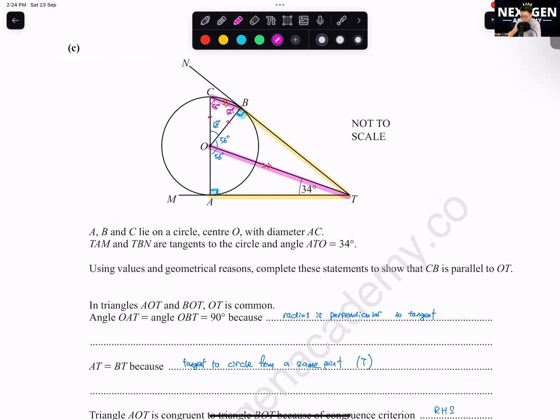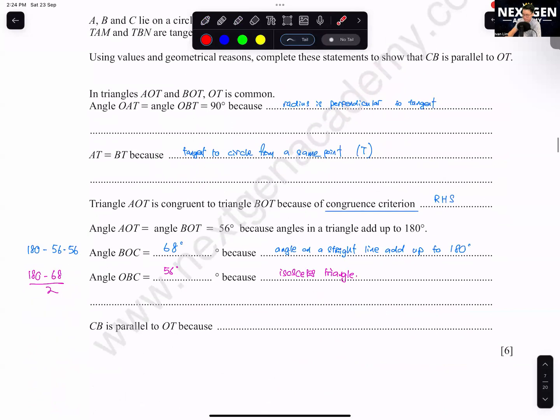How do I know it's parallel? Because of these two angles here. You see here, this is a Z shape, right? So this is called what? Alternate angle. I can say that OBC is equal to BOT. Therefore, they are alternate angles. So you write here, OBC equals to BOT.